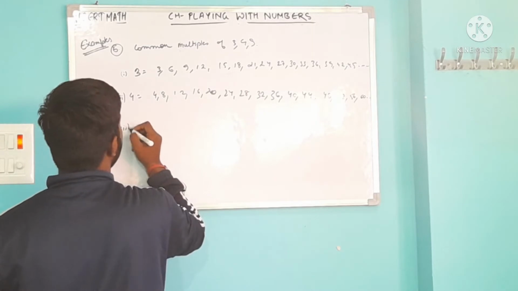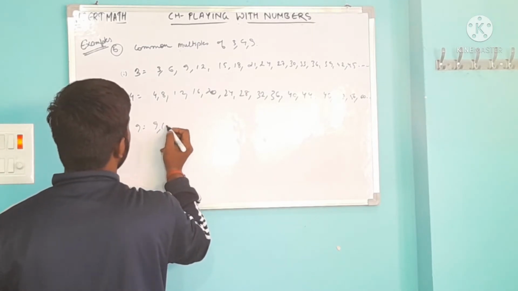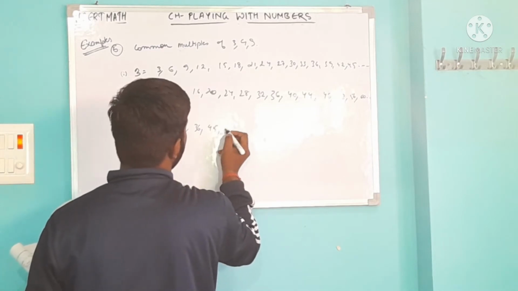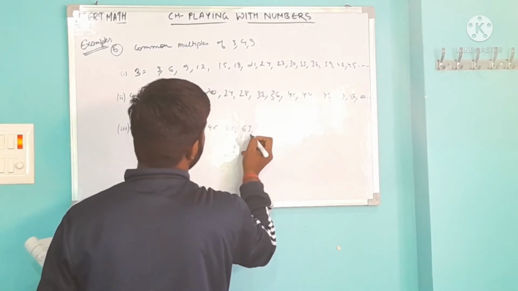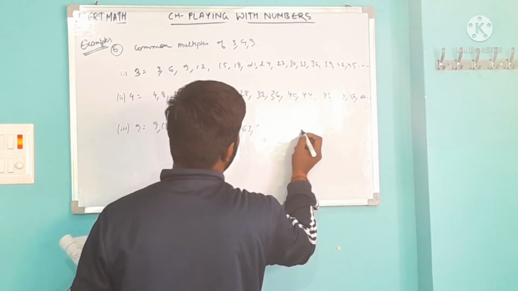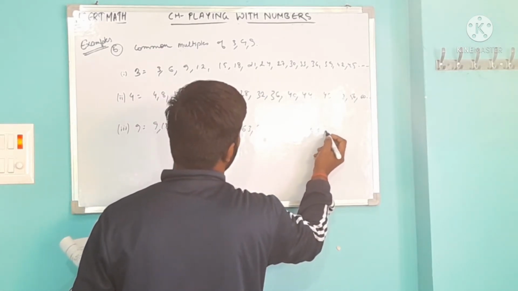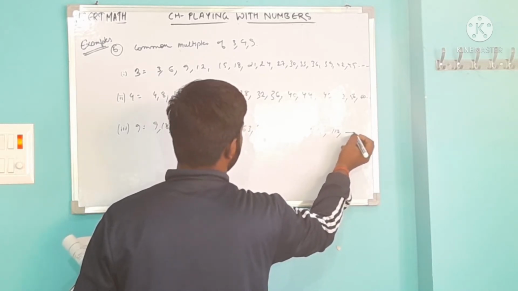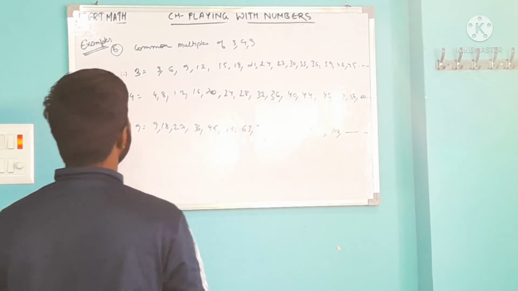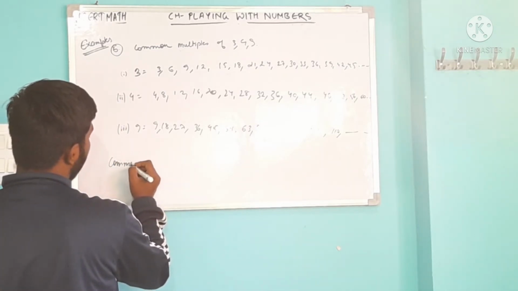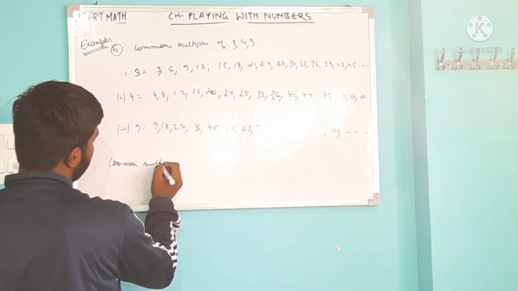For the third term we have 9, 18, 27, 36, 45, 54, 63, 72, 90, 99, 108, 117 and so on. Between these terms we find our common multiples.